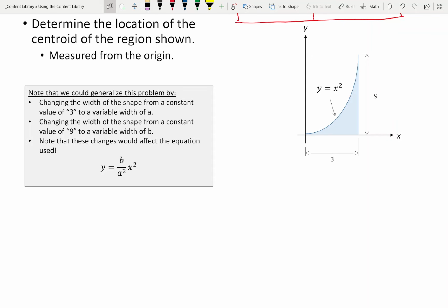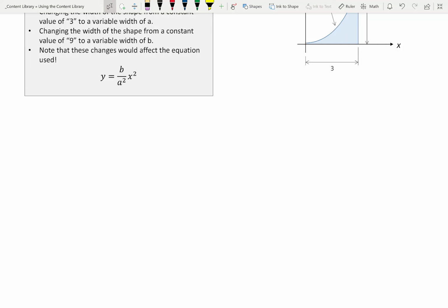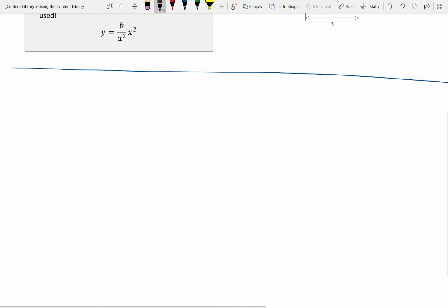Let's start off with something basic. Let's start off with the area. Now, the area is going to be defined as this, but I want to take a step back and see if we can maybe define this a little bit more rigorously.